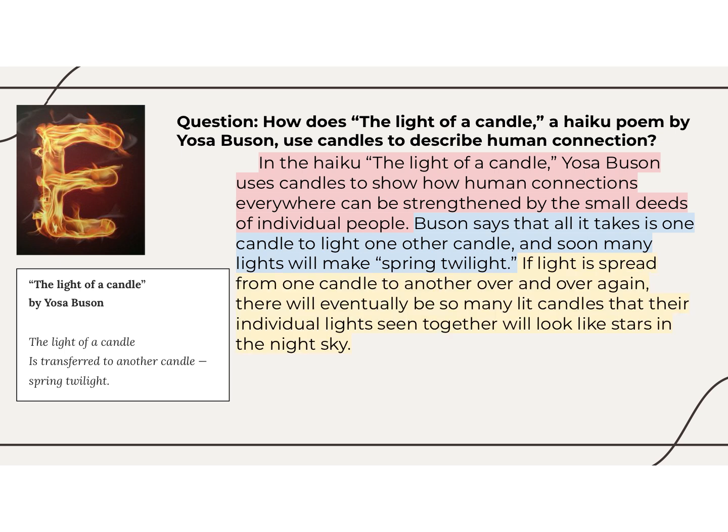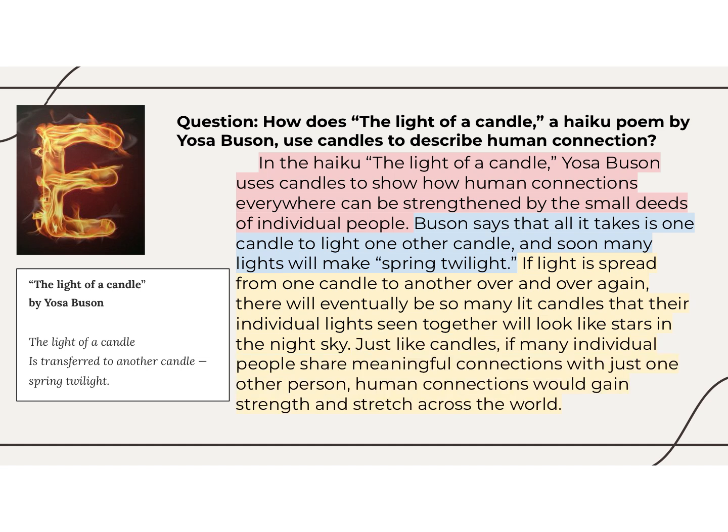If light is spread from one candle to another over and over again, there will eventually be so many lit candles that their individual lights, seen together, will look like stars in the night sky. Just like candles, if many individual people share meaningful connections with just one other person, human connections would gain strength and stretch across the world.